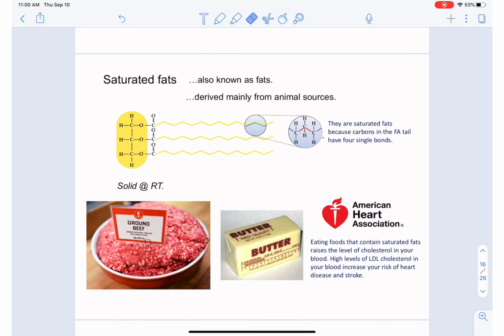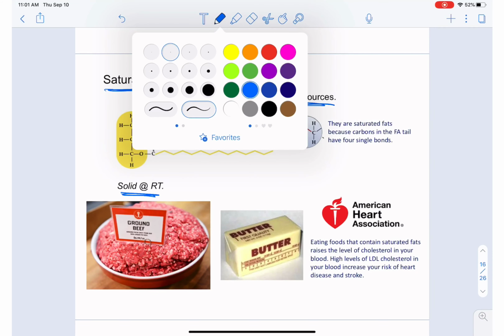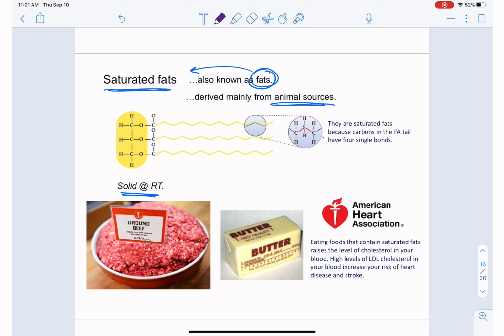So let's take a look briefly at each of these different types of lipids. The first one we have here is saturated fats. Saturated fats are known more commonly just as fats. When you're talking about fats, you're talking about saturated fats. Saturated fats are derived mainly from animal sources, and they tend to be solid at room temperature. Now, the reason they're called saturated has to do with the carbons in the fatty acid chains.